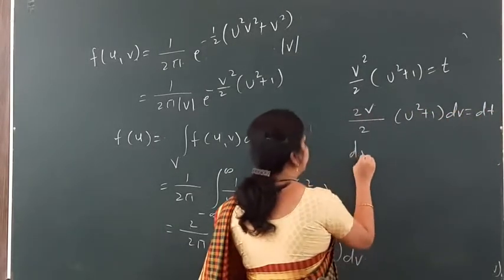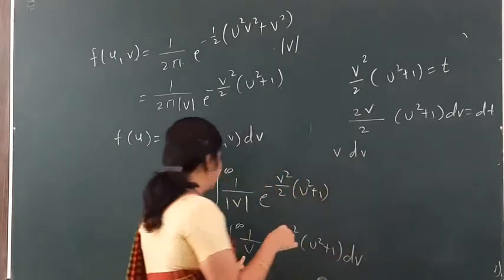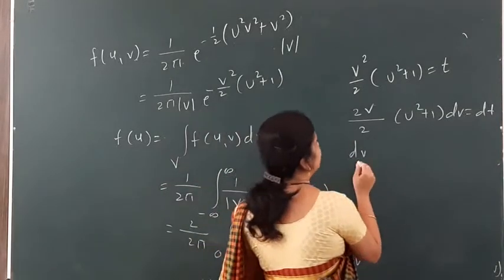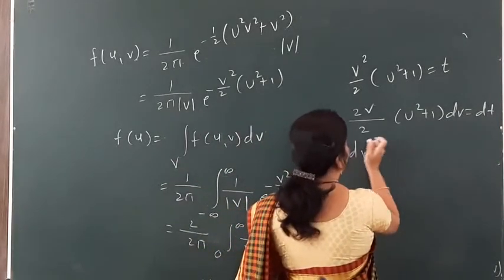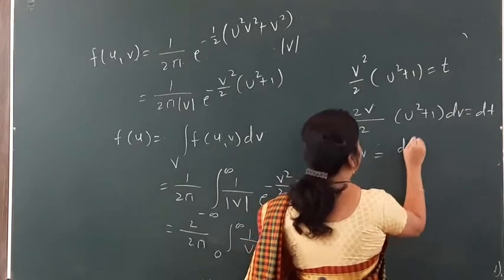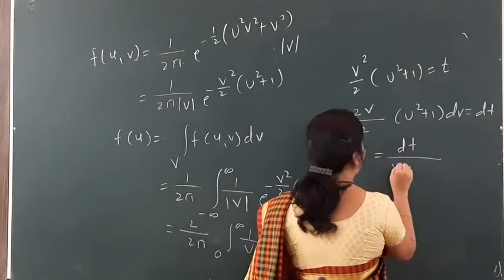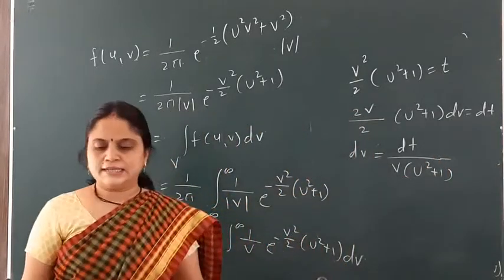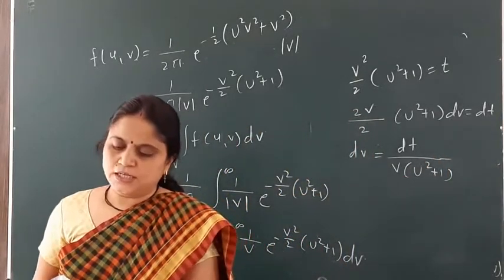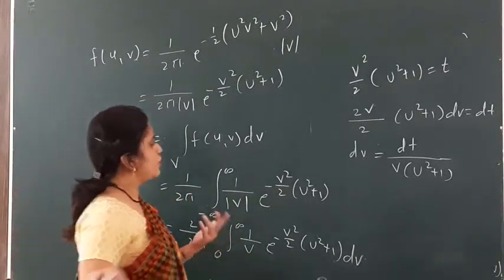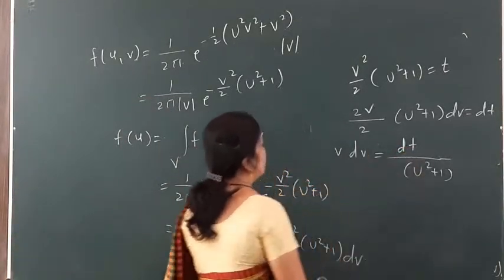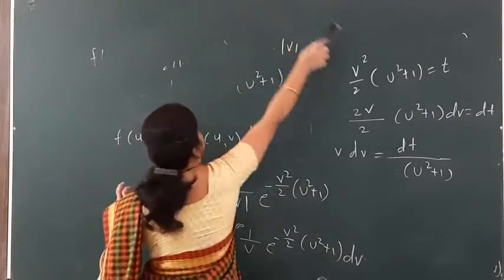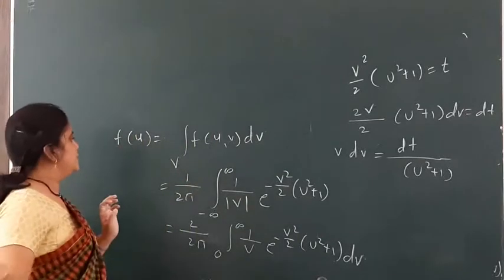So dv can be written as dt divided by v into u square plus 1. So I can replace the value in the function.